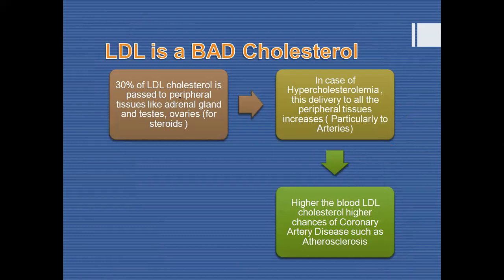Usually 30% of the LDL cholesterol passes cholesterol to the peripheral tissues apart from the liver, such as the adrenal gland, testes, ovaries, heart, etc. In case of hypercholesterolemia, when the cholesterol is more than 200 milligrams per deciliter, this delivery is increased, and there are chances that there will be formation of oxidized LDL, and that causes damage to the coronary arteries, and then there can be development of coronary artery disease or atherosclerosis.